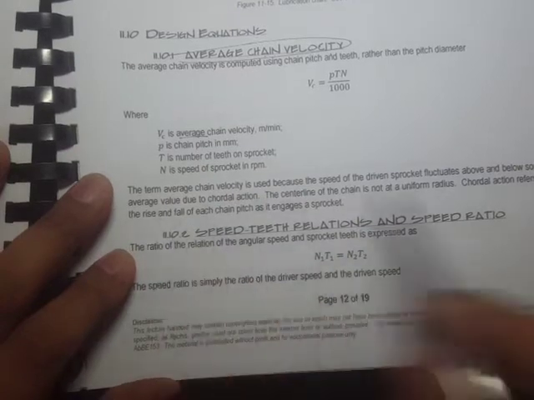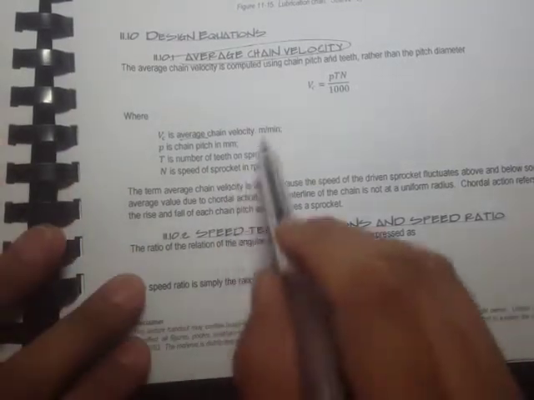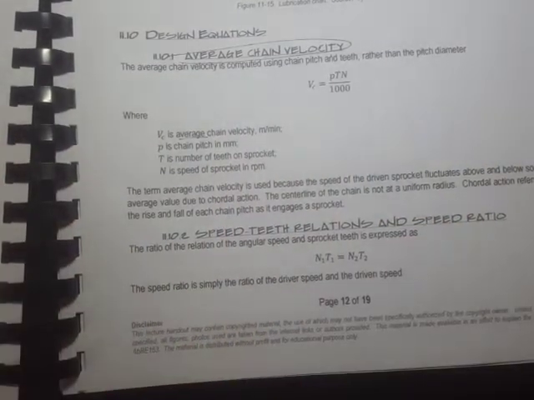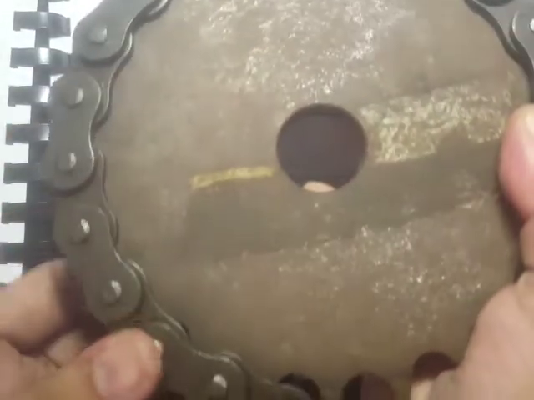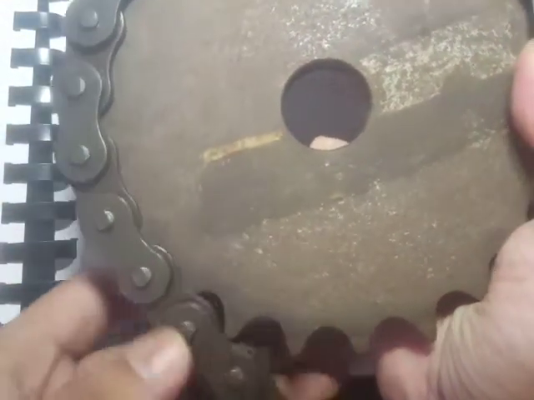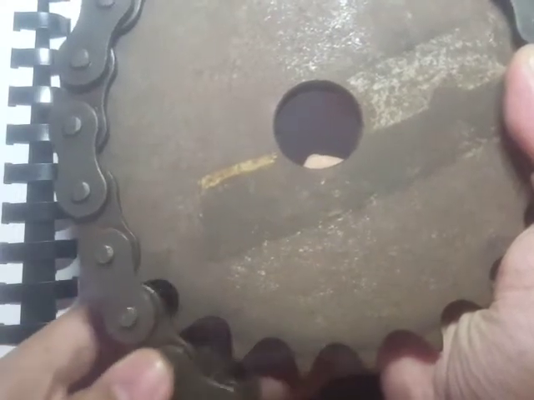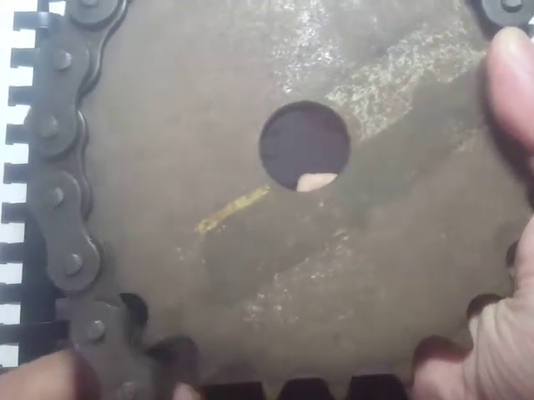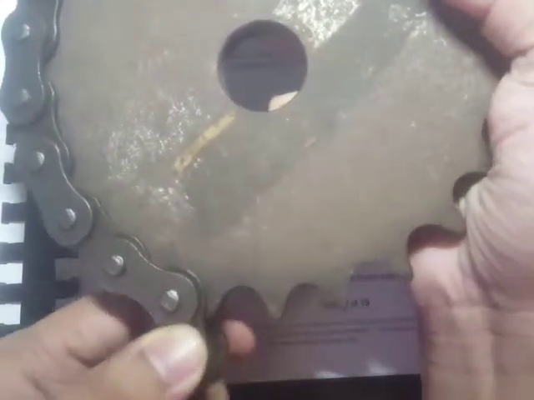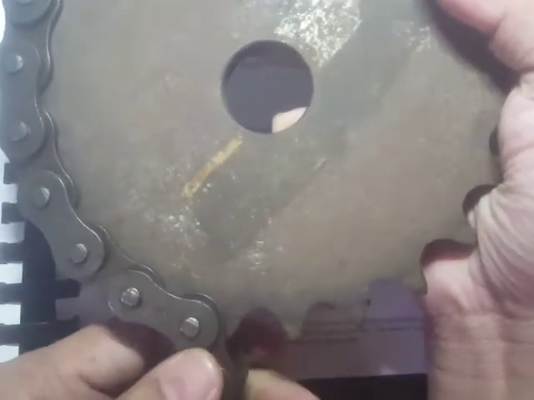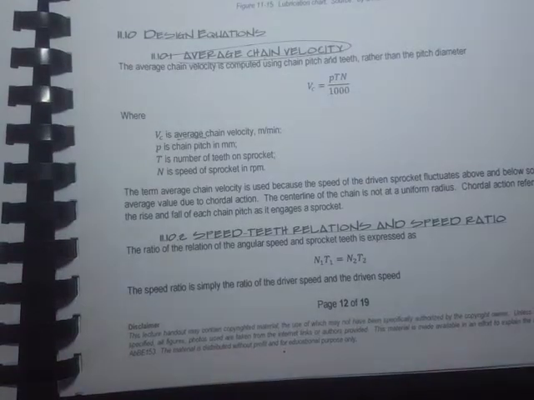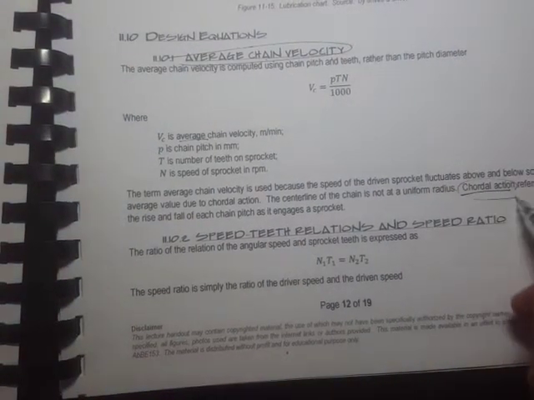It's simply because when this chain meets with the sprockets, it's not a perfect circle, so there are some fluctuations, and that fluctuation action is what we call the chordal action.